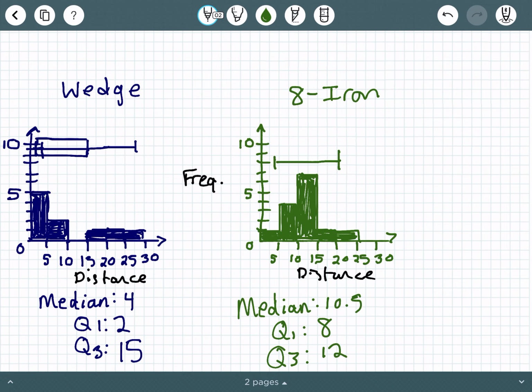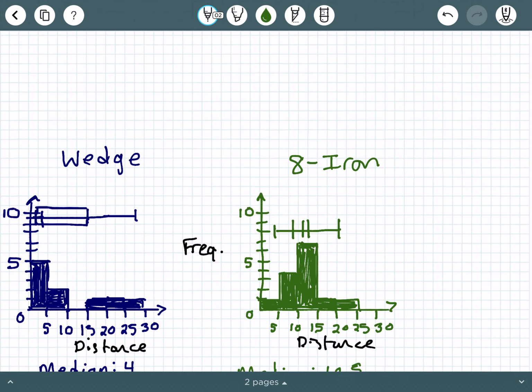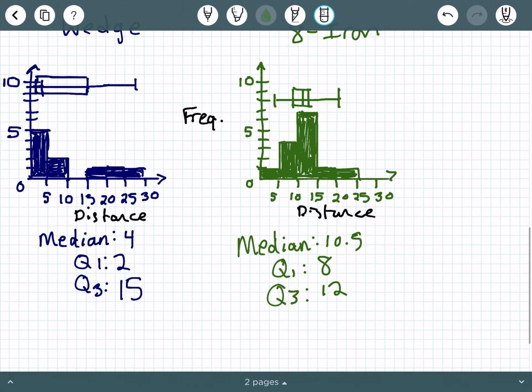Our median was 10.5, so we are going to put a mark at approximately 10.5. Quartile 1 was 8, so that's going to be right about here. And quartile 3 was at 12, so that's going to be slightly past 10. All right, so this is the box plot for the 8 iron. That's all we need to do for part A.